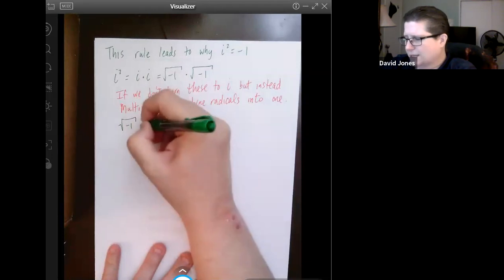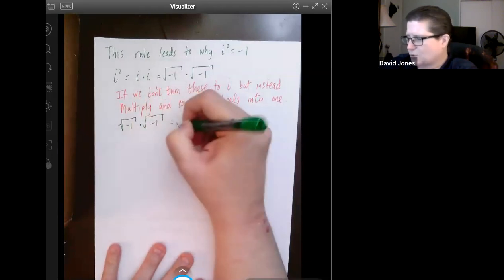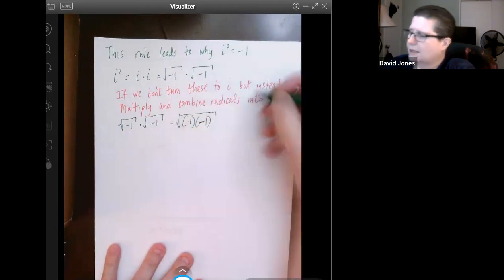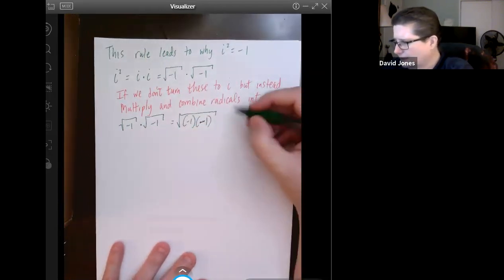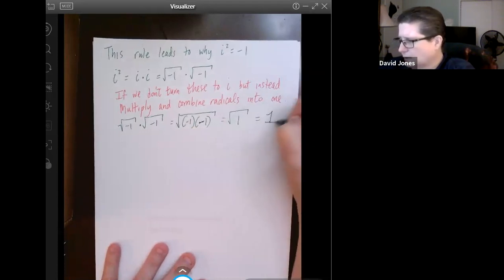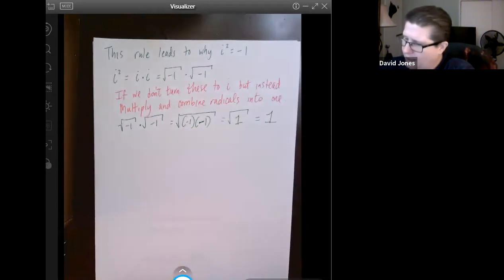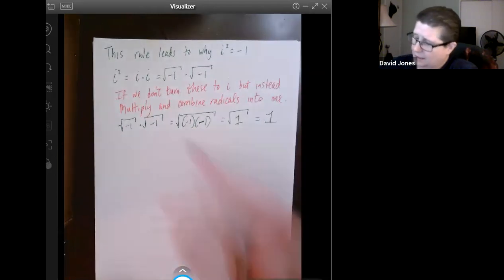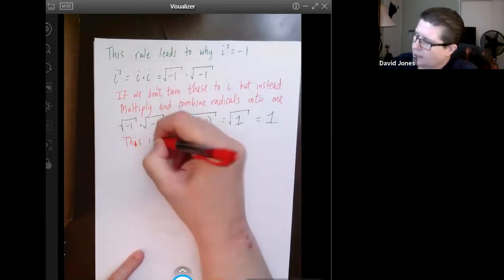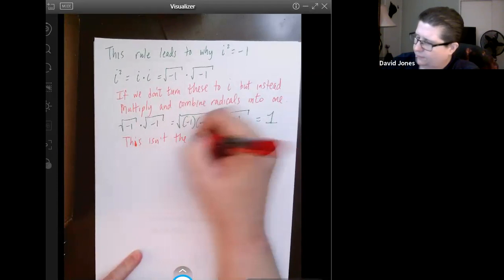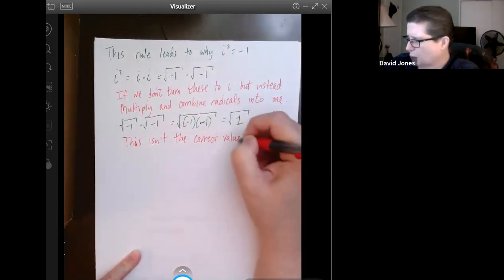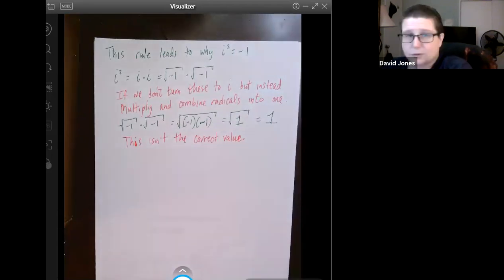The square root of -1 times the square root of -1 equals the square root of -1 times -1 inside the radical. And that would just be the square root of 1, which is 1. But that's not the case. This isn't the correct value. The mathematics work precisely because i squared equals -1.